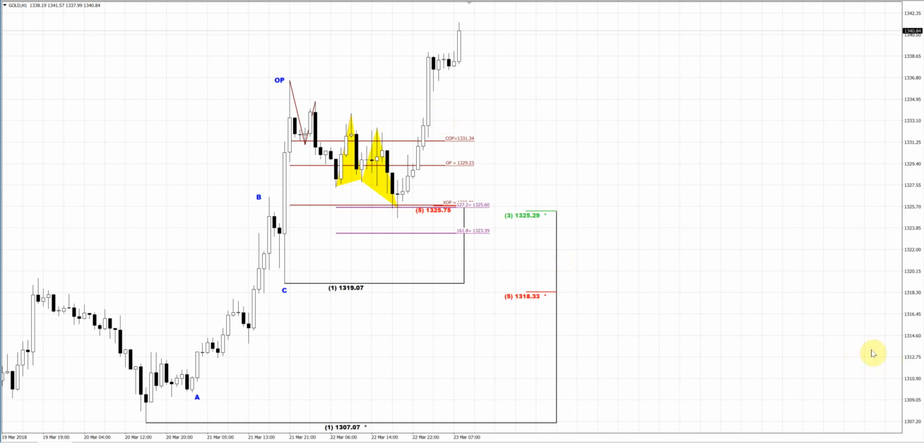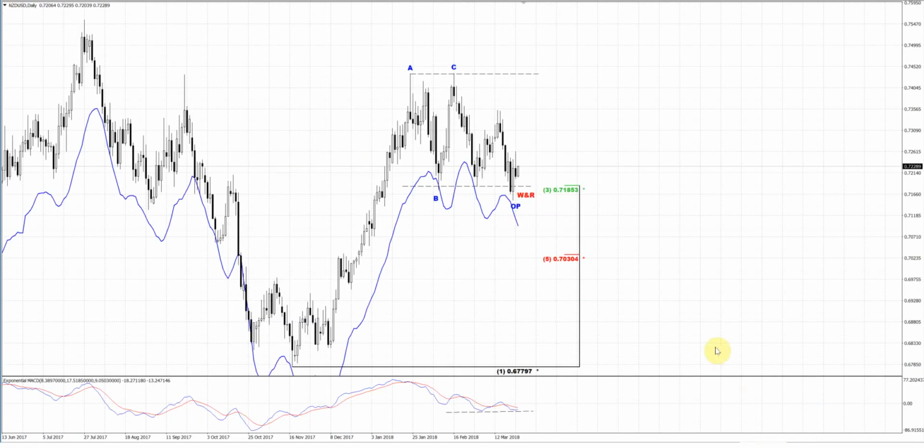Right now, let's take a look at the New Zealand dollar. What we have on the New Zealand dollar, guys: the market has finally completed the OP target of this ABC top. Initially, if you remember, we thought this would happen somewhere in this leg down.